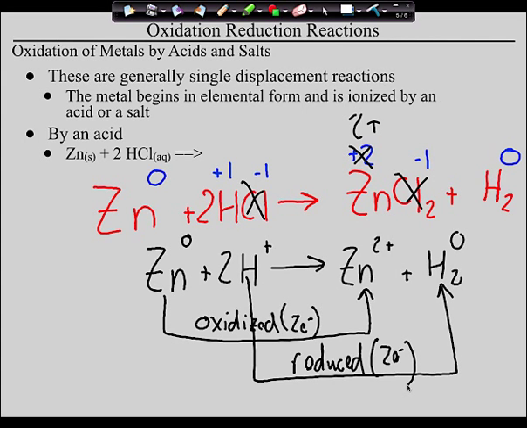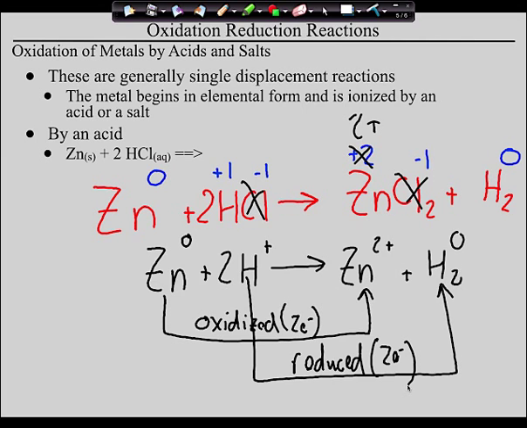This is going to cost you points on the AP test. Write down an answer. What substance is oxidized? And then guys, similarly, what substance is reduced? Commit to answers. What substance is oxidized and what substance is reduced?